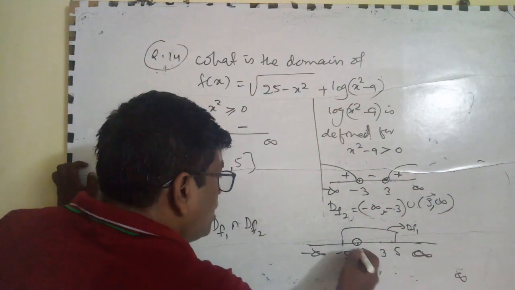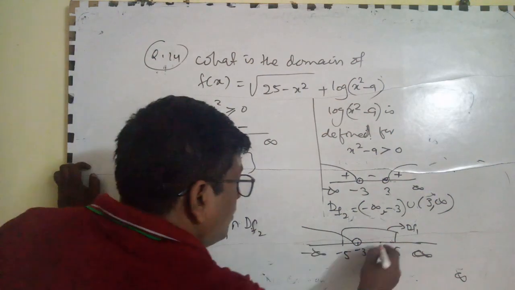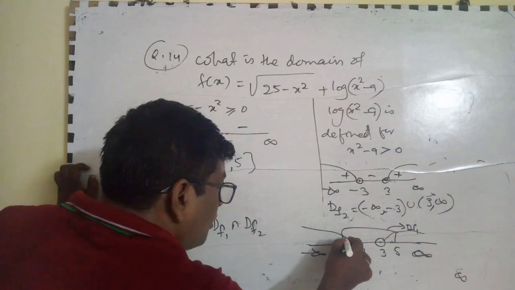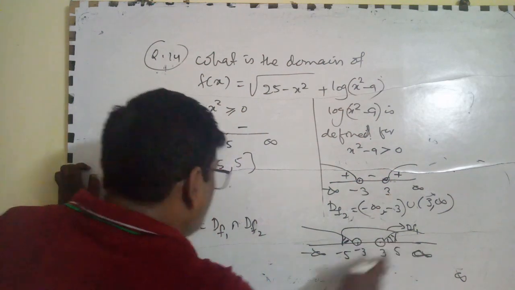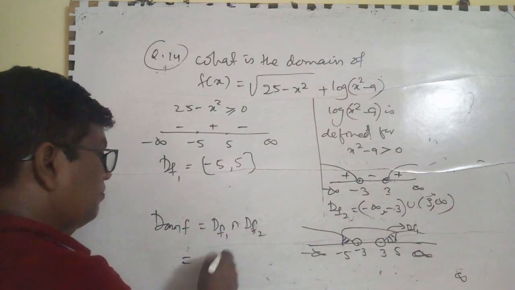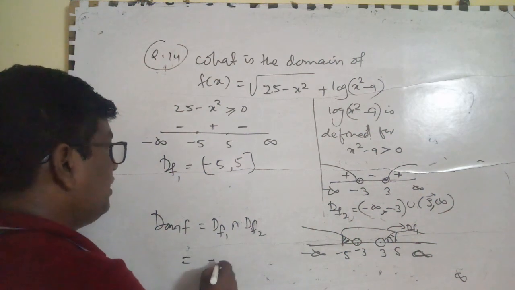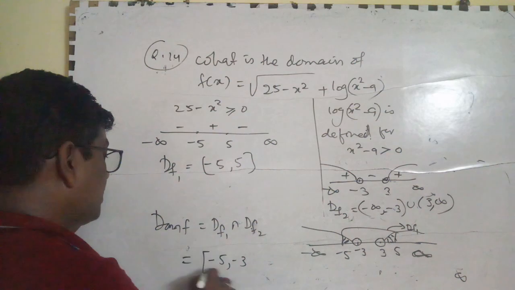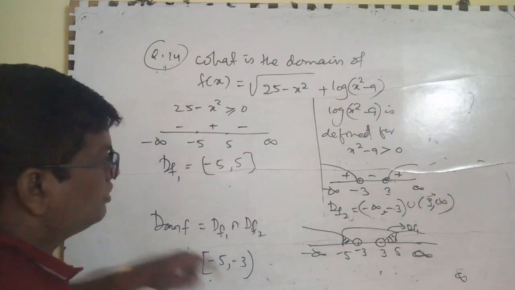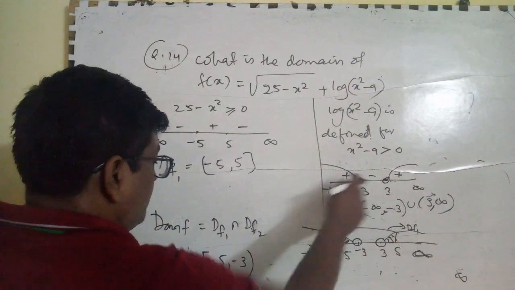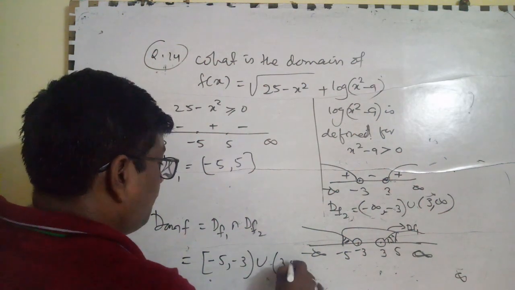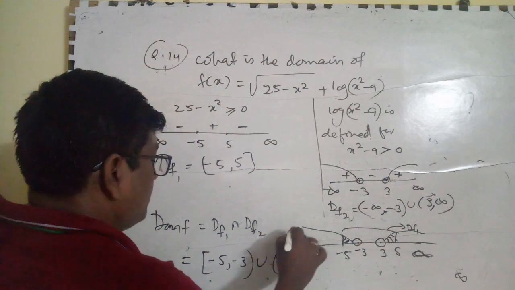Minus 3 excluded, this is df2, and plus 3 excluded. What is the common region here? This is the common region. Therefore dom f is minus 5 comma minus 3, here square bracket and this is a common bracket because the equal sign is absent here, union 3 comma 5, square brackets. This is the answer.